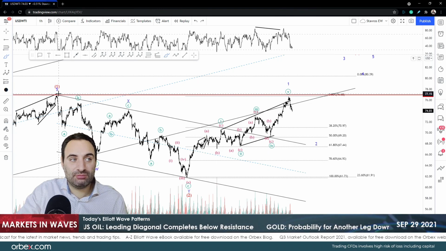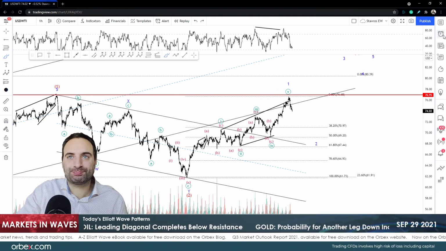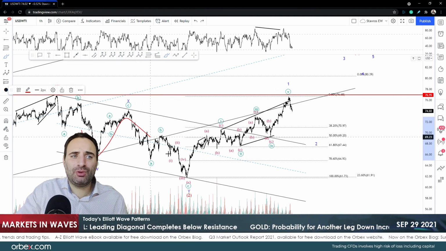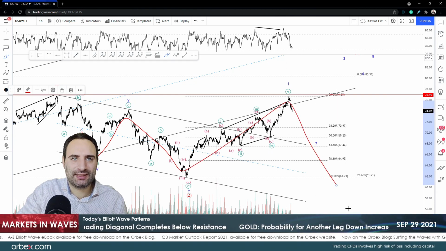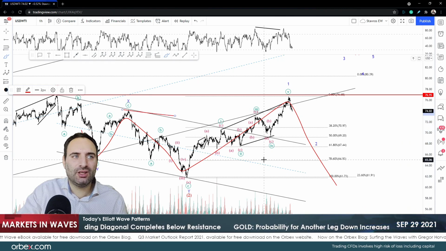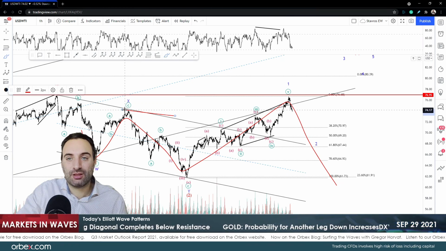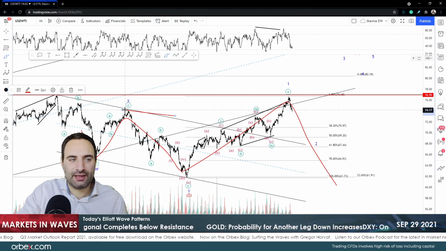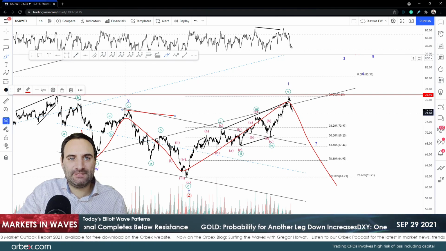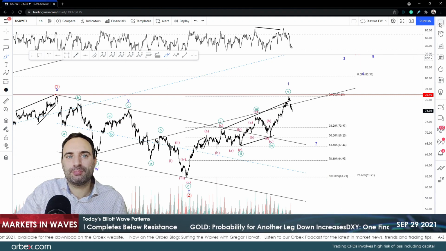Could be a flat, but a flat is not very likely, because the W, X, Y, X, and Z situation might not really look like it's the case, since we've really broken 74.30, which is above the previous X1 wave, let's say. It's the final X and also the primary X, okay? It's not that it's impossible if we follow the guidelines, but it's less likely.